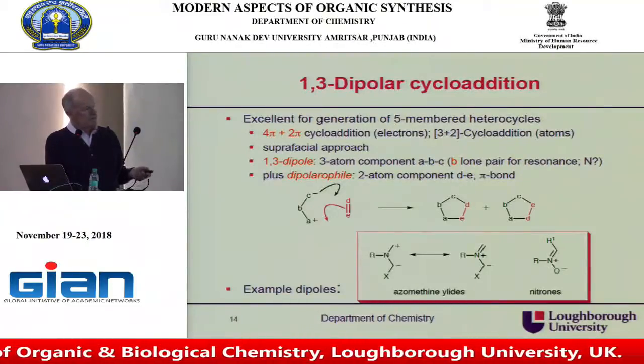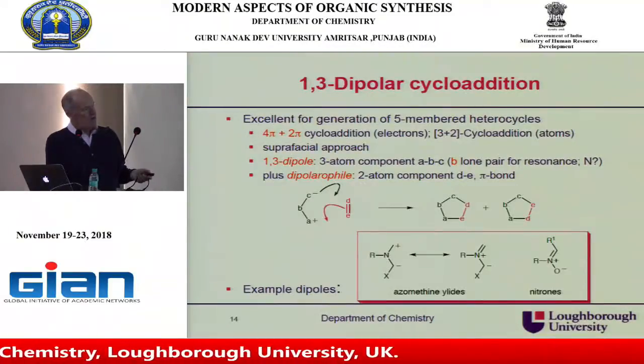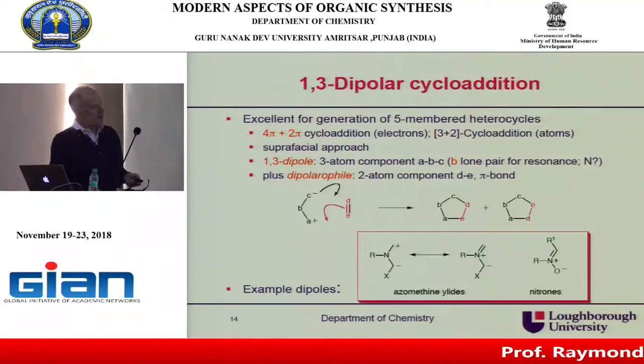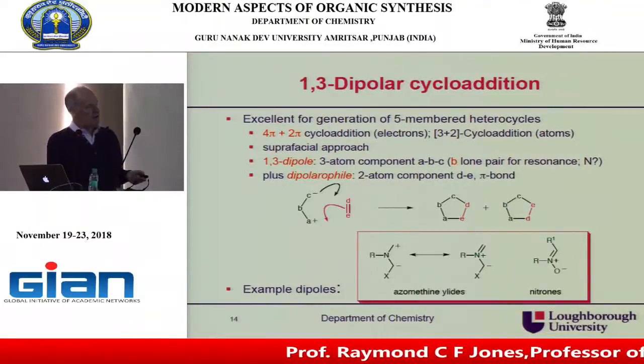So in prototype, it looks like this, where we have a 1,3 dipole, where formally we have a positive charge, an electron-deficient center, and an electron-rich center with a negative charge. And here is the 2 pi component.